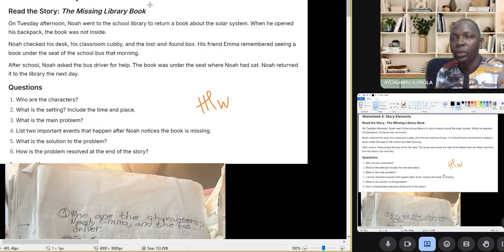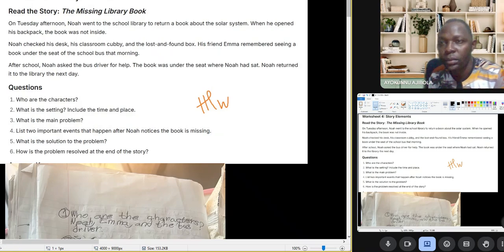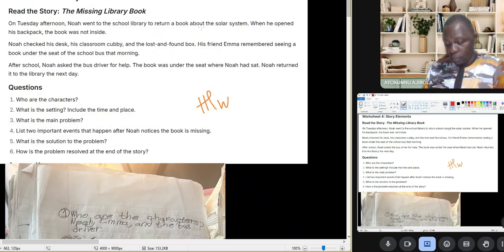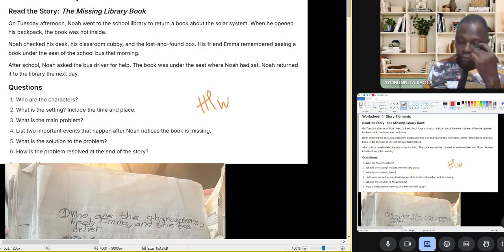Yeah. So, read the story, let me hear you. On a Tuesday afternoon, Noah went to the school library to return a book about the solar system. When he opened his backpack, the book was not inside. Noah checked his desk, his classroom cubby, and the lost and found box. His friend Emma remembered seeing a book under the seat of a school bus that morning.